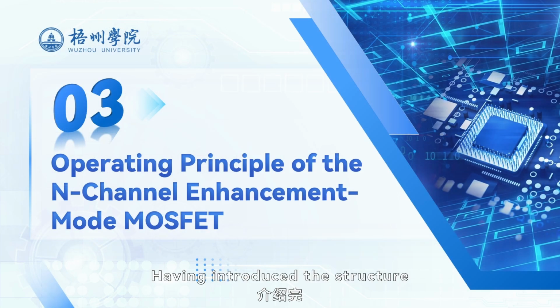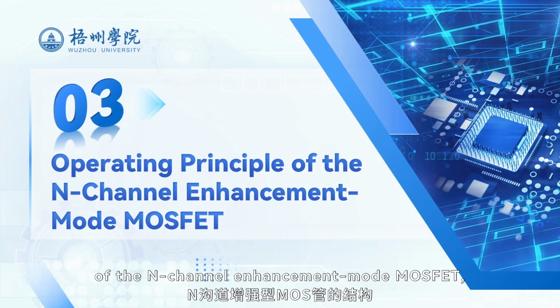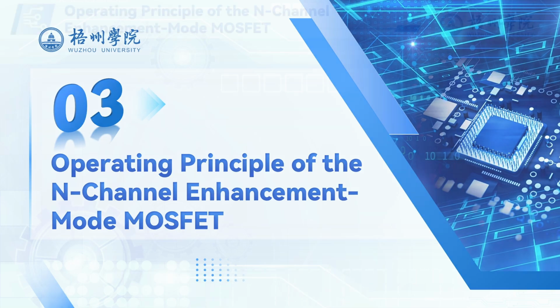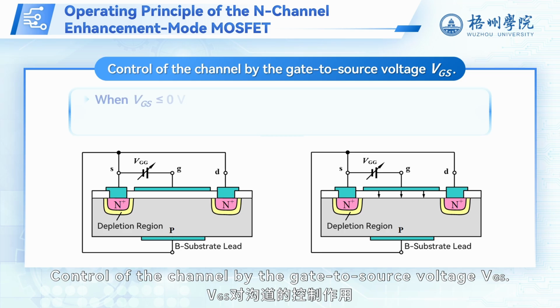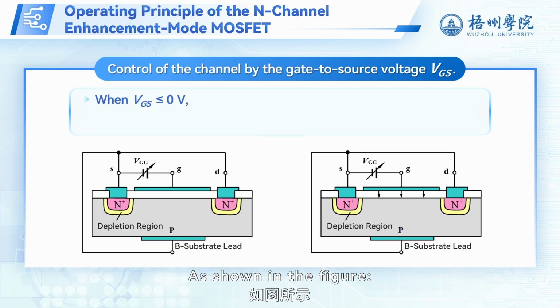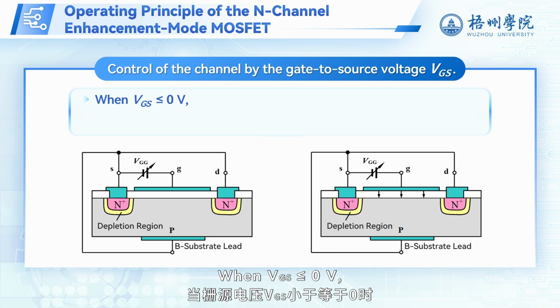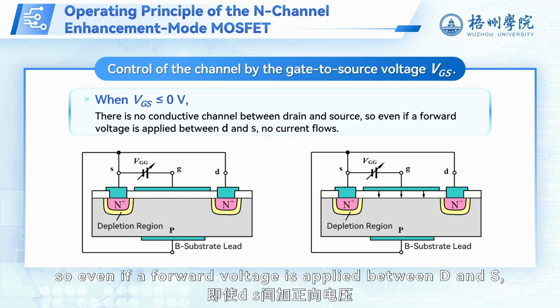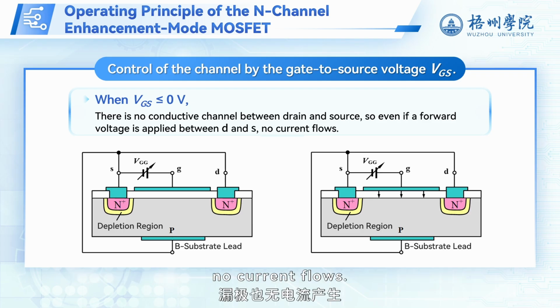Having introduced the structure of the N-channel enhancement mode MOSFET, what is its operating principle? Control of the channel by the gate-to-source voltage V_GS, as shown in the figure. When V_GS is less than or equal to 0 V, there is no conductive channel between drain and source. So even if a forward voltage is applied between D and S, no current flows.